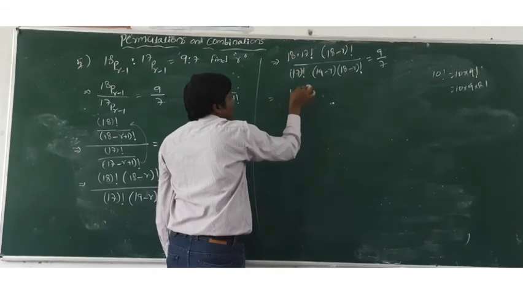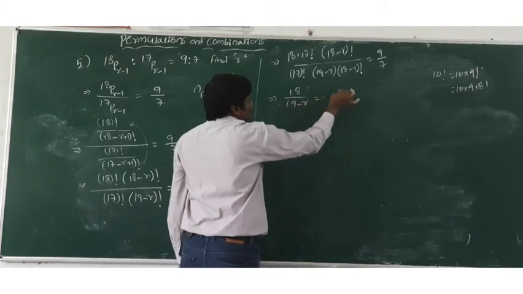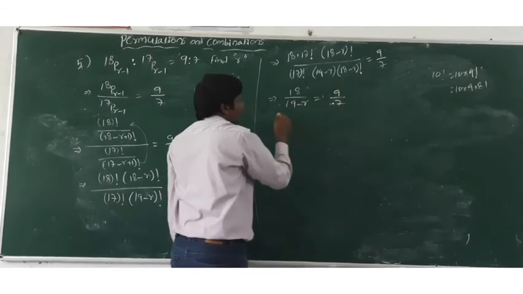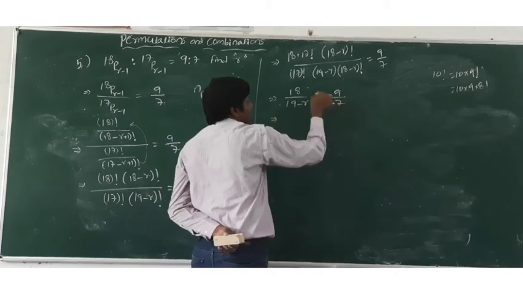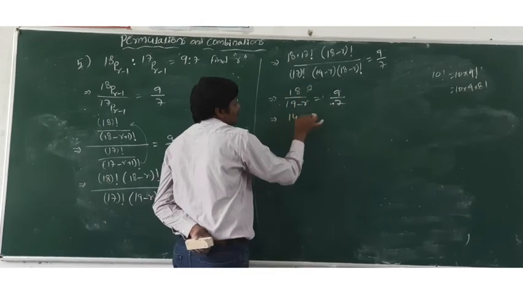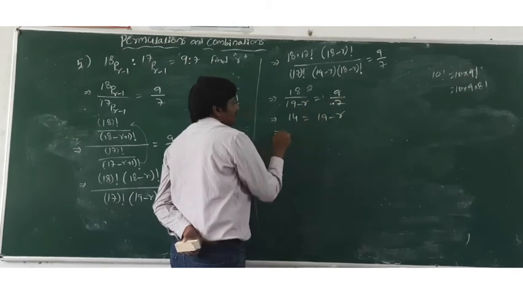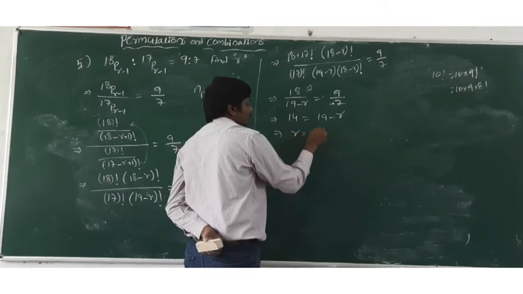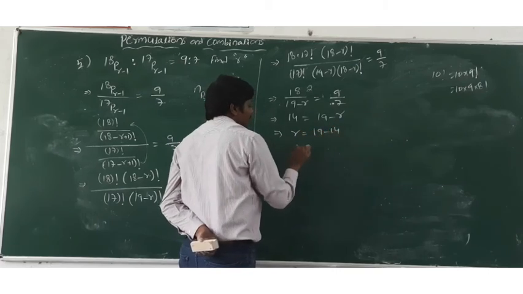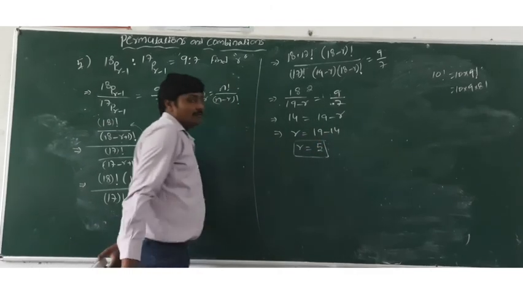The remaining value is 18 by (19 minus r) is equal to 9 by 7. 9 twos are 18, 9 ones are 9, so cross multiplication gives 14 is equal to 19 minus r. Here r is equal to 19 minus 14. r is equal to 5 only.